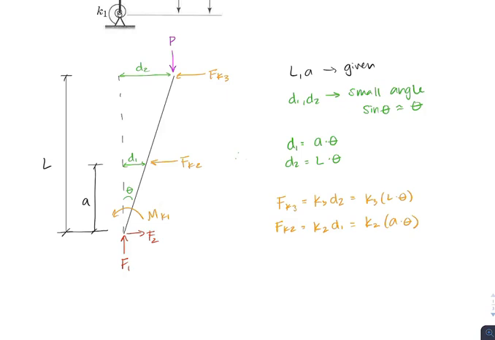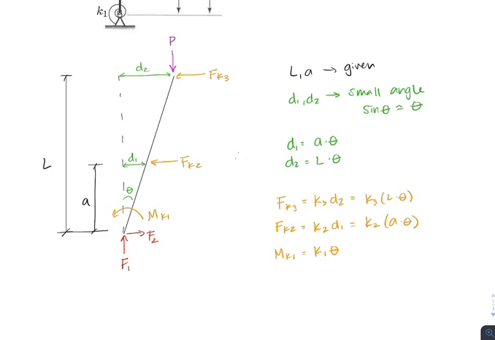You can use Hooke's law again for this, but instead of stiffness times deflection, it's going to be stiffness times the total angle of twist that the torsional spring has gone. So MK1 is just going to be equal to its stiffness, K1, times theta, which is that angle that the torsional spring rotates.